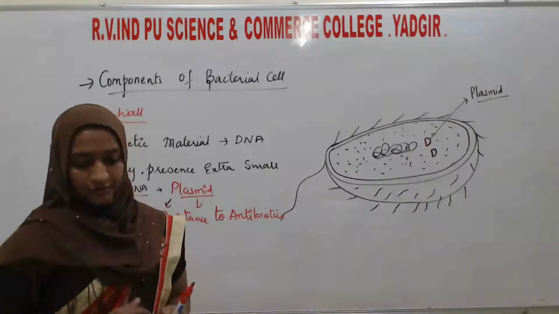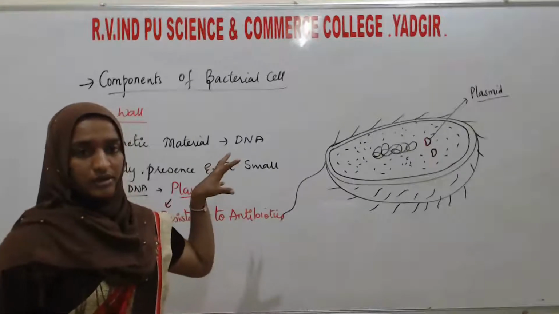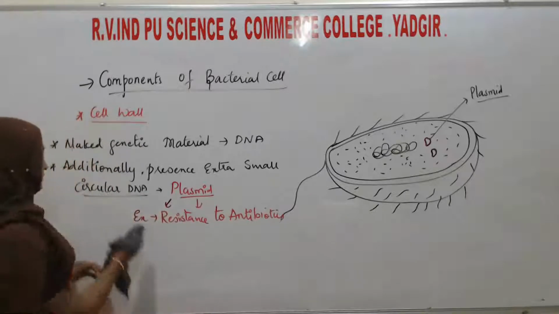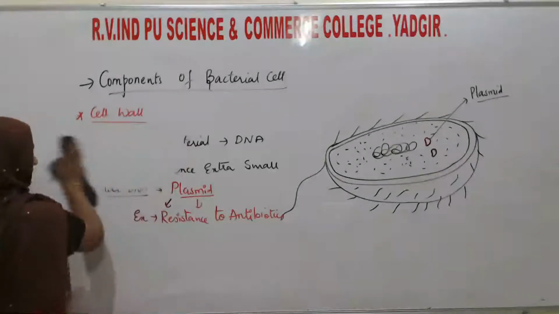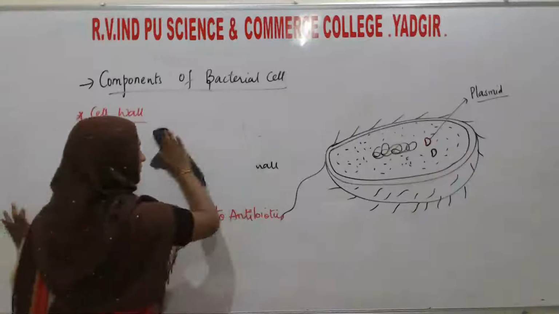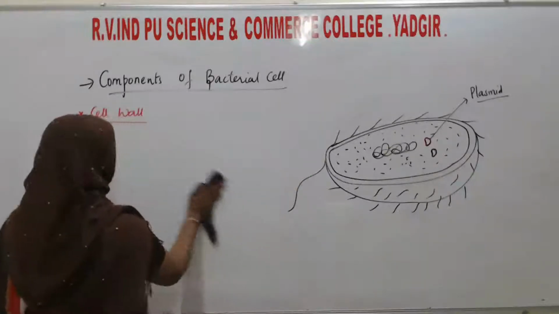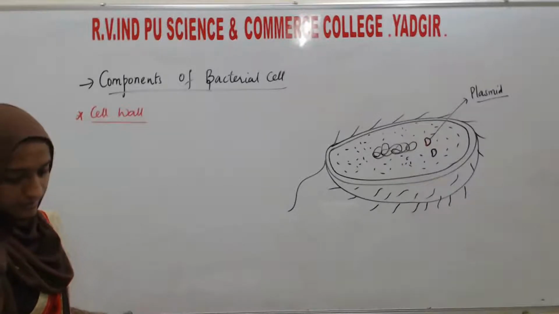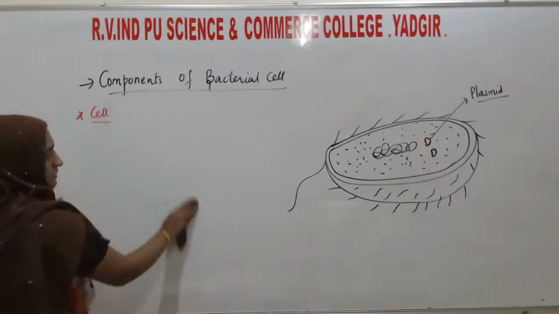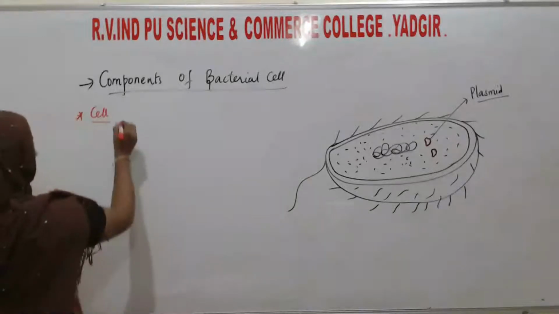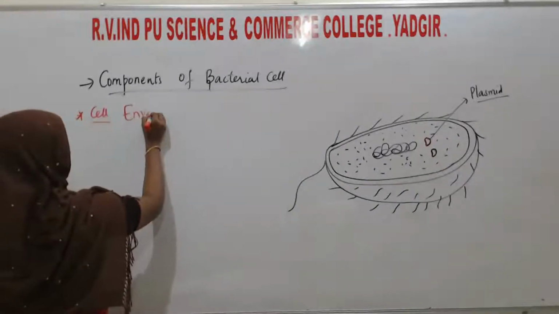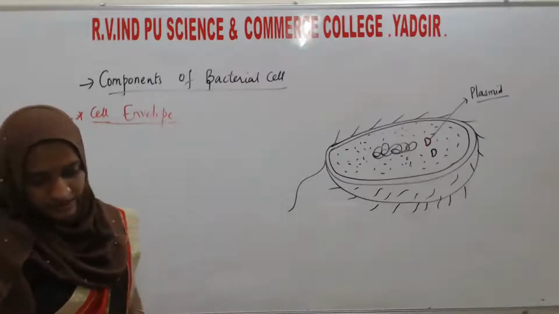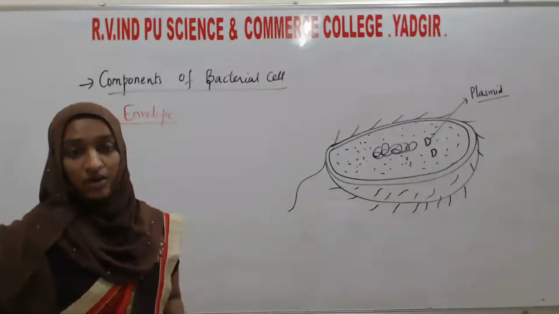Okay. So next we will go to the cell wall. What is the actual cell wall, or the cell envelope? See here, the cell envelope. Here the cell envelope is a chemically complex structure.